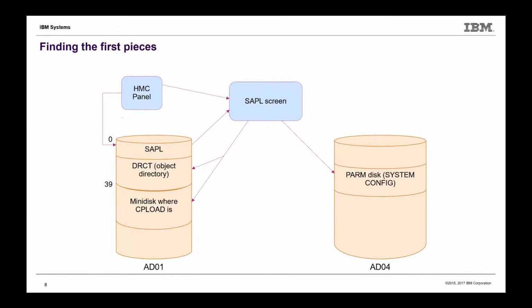So you see it's going to be pulling some things, that parm area or parm disk that we referenced earlier. That's where I'm going to find my system config file. Right, we're also going to pull in that CP load module, which in my case here is on a different volume, so ABLEDOG01, right, and then I happen to have my directory stored there as well, my object directory, and we'll come back to what it means to be an object directory later, right?